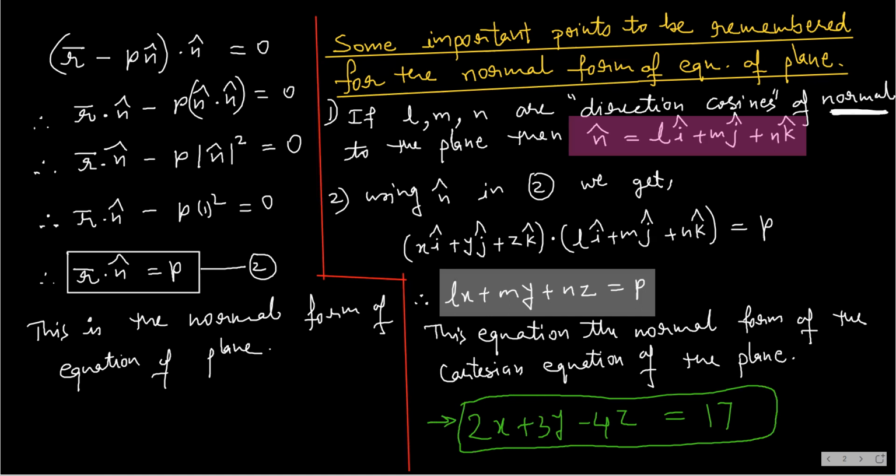Like you remember when you were in 11th standard and you studied straight lines. There we said ax plus by plus c equals 0 is the general equation of a straight line.